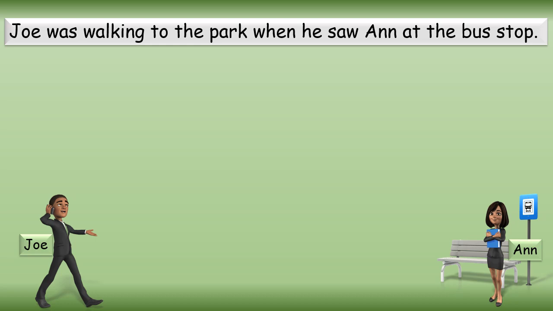Joe was walking to the park when he saw Anne at the bus stop. There's the answer. What's the question? Who was walking to the park when he saw Anne at the bus stop? To the park. What's the question? Where was Joe walking when he saw Anne at the bus stop?